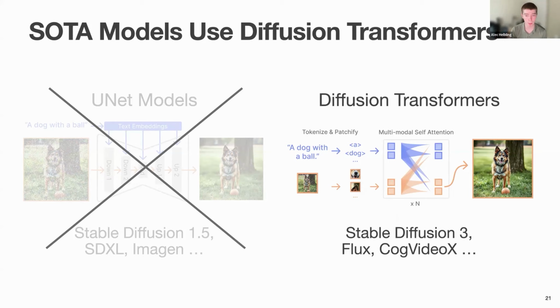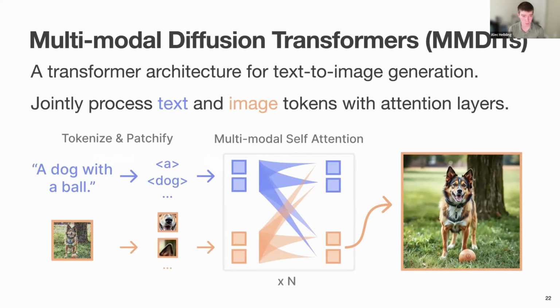The same thing is happening in the diffusion model literature, where the biggest recent models like Stable Diffusion 3, Flux, and a lot of the video generation models leverage a variation of a transformer architecture. For text-to-image models in particular, they use a multimodal diffusion transformer, where multimodal just corresponds to the fact that it's processing both the text and image modalities.